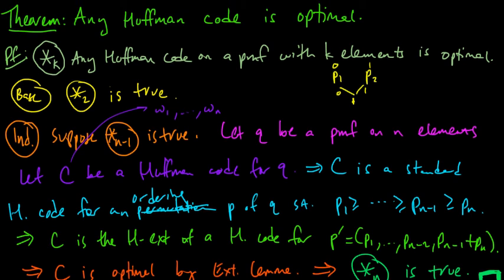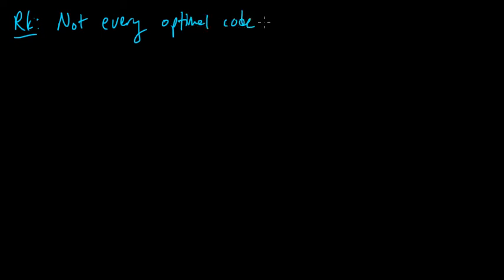Okay, so that's one caveat to note. I'd like to mention one other thing. We showed that any Huffman code is optimal, and it's fairly obvious that the converse is not true. Not every optimal code is a Huffman code. It's easy to come up with an example if you think about it for a minute.